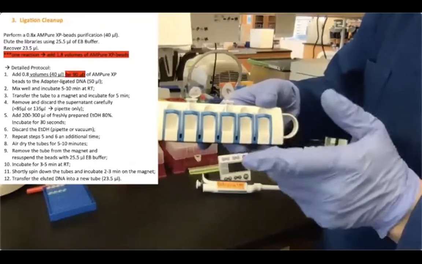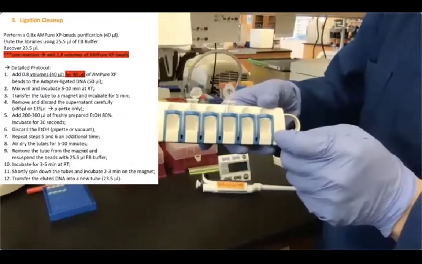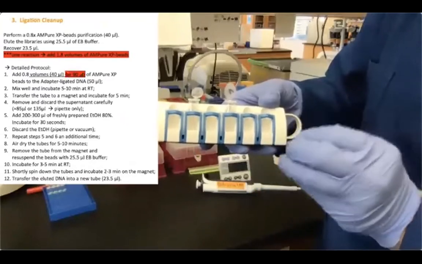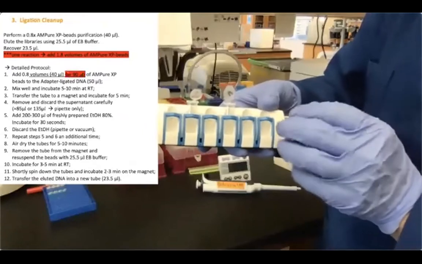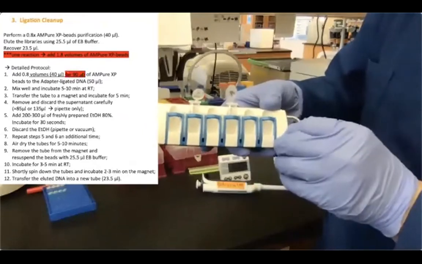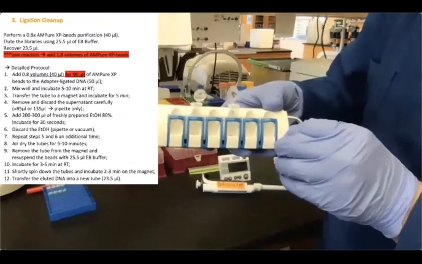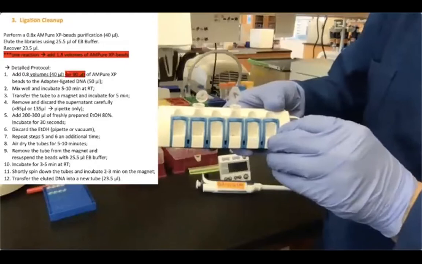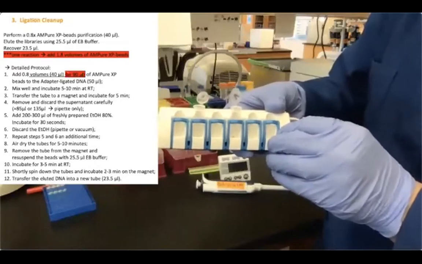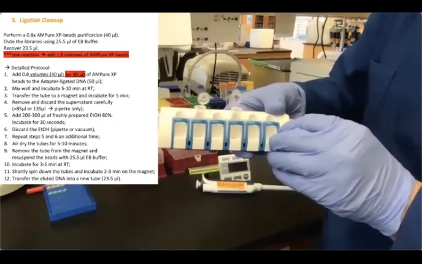I basically lose 2 microliters of my sample in the tubes, but in this case, I don't want any bead carryover, which might interfere with the next PCR. So I'm just willing to lose 2 microliters not to have interference. I'm transferring 23.5 microliters into a new PCR tubes, and then we're gonna perform the final PCR.